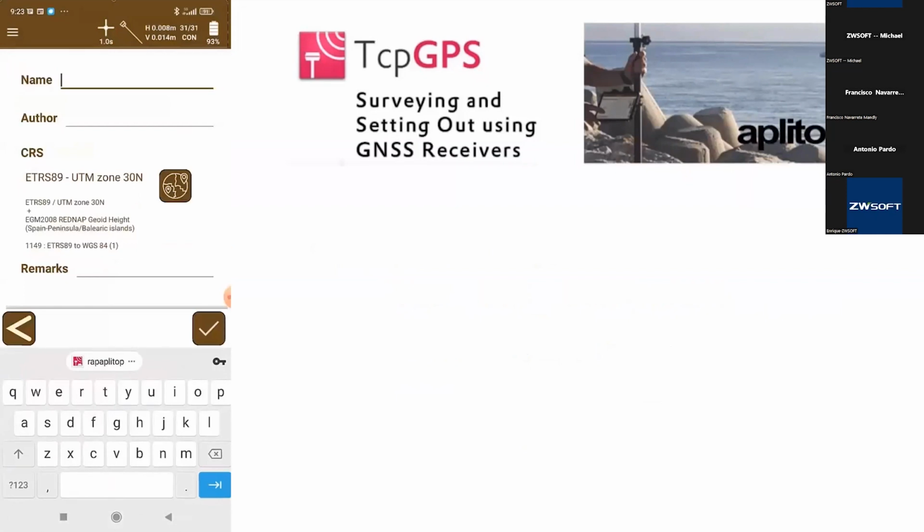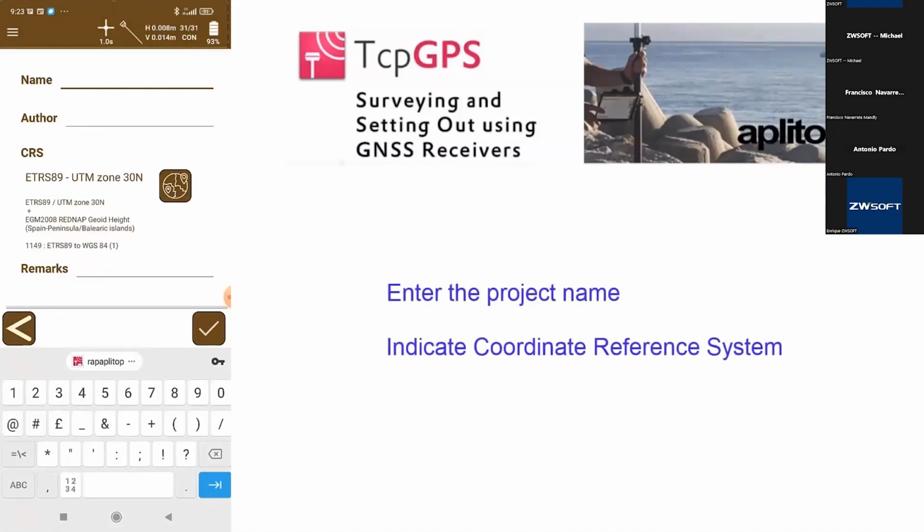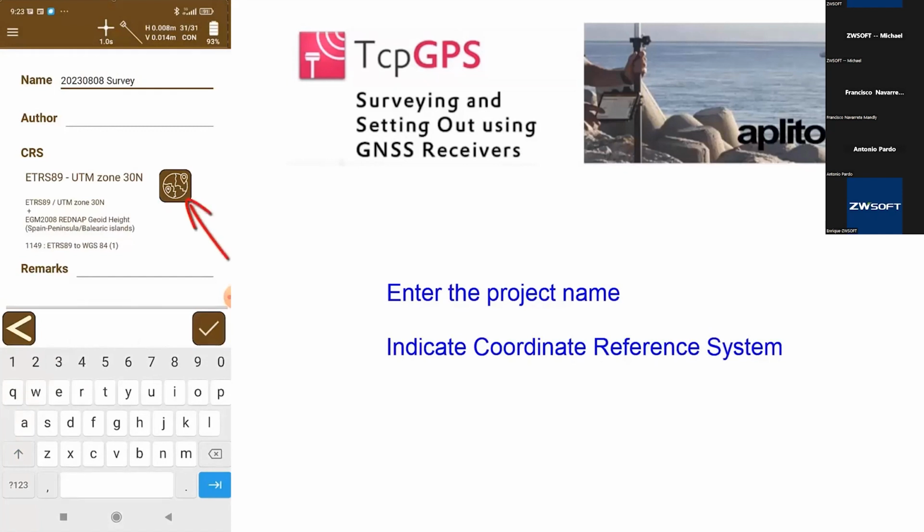We need to create a project where we type the name of the project. A very important thing is to choose the right global coordinate system to organize the reference system.